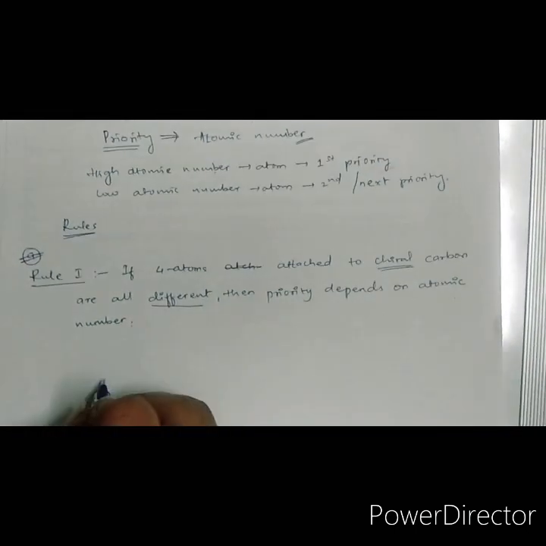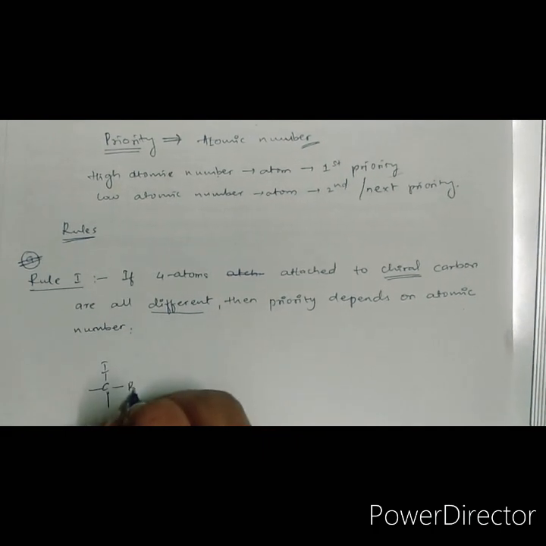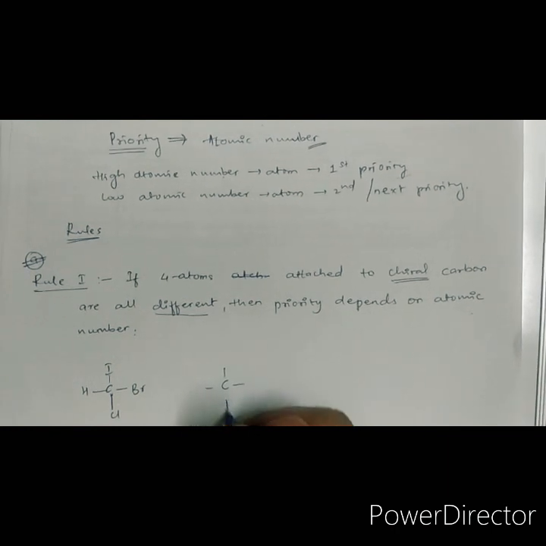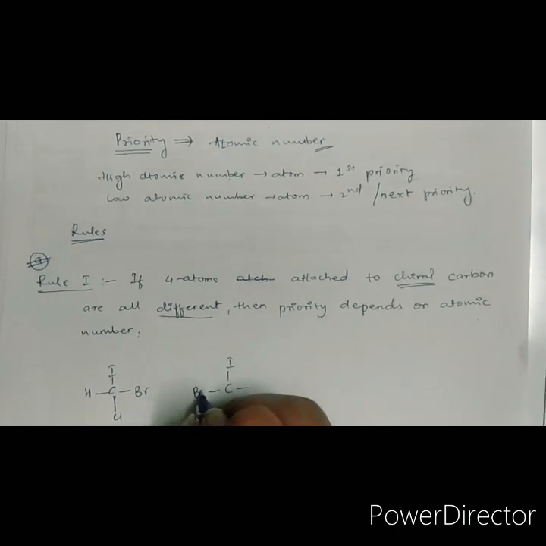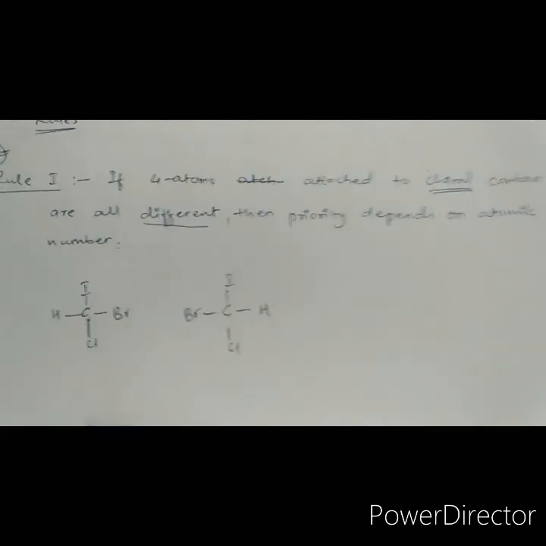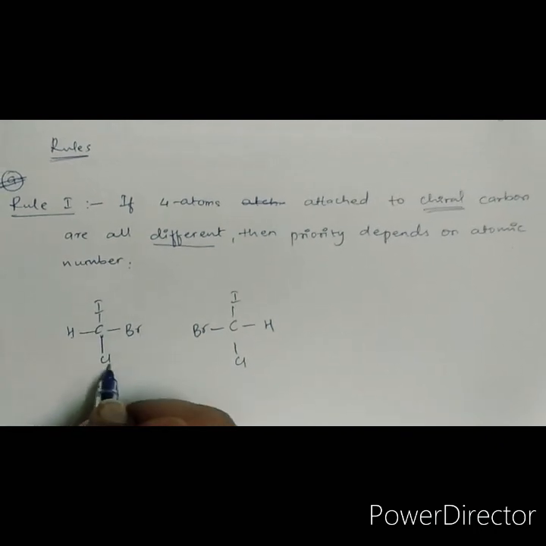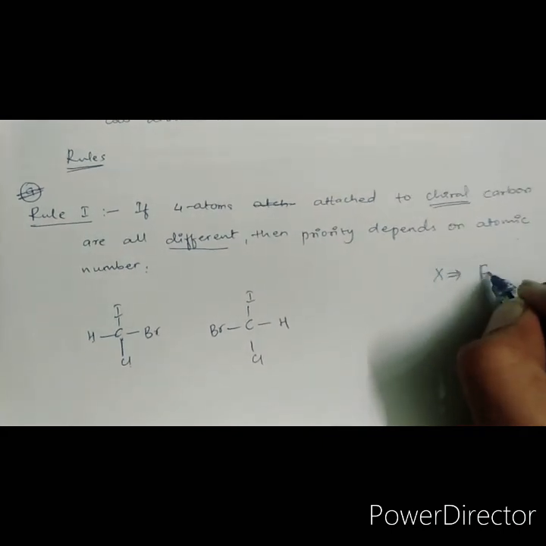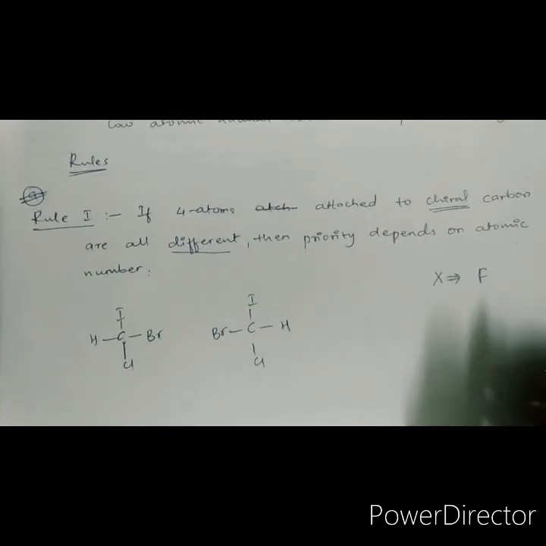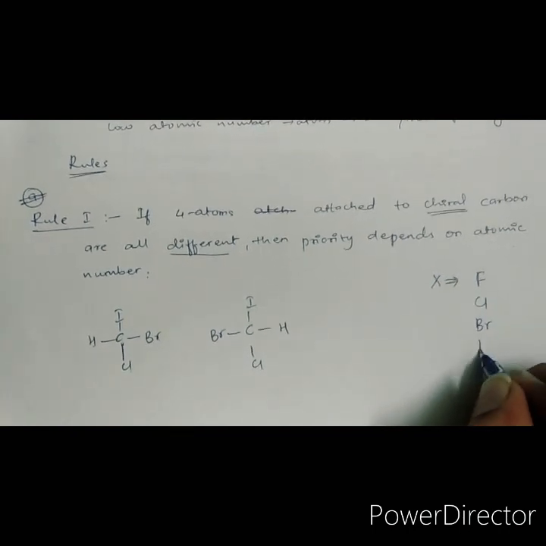Here we can see an example. If we take a chiral carbon, this is one molecule and the other. Now we have to define the priority. These are hydrogen, iodine, bromine and chlorine. In the list of halogens, the lowest atomic number is fluorine, then chlorine, then bromine, then iodine.